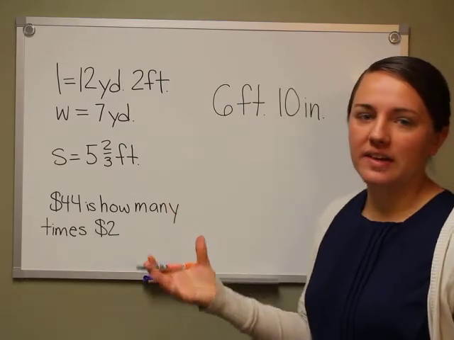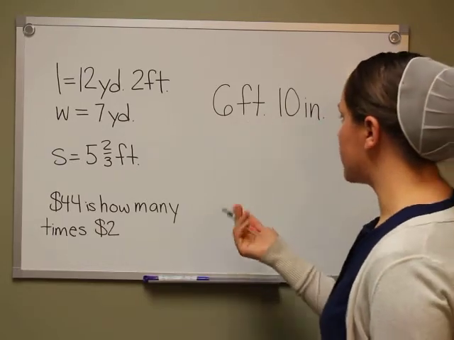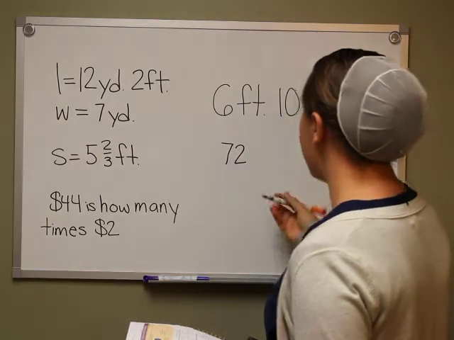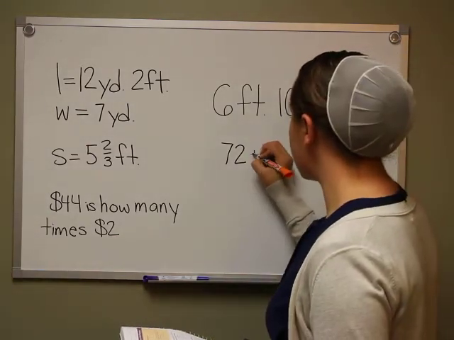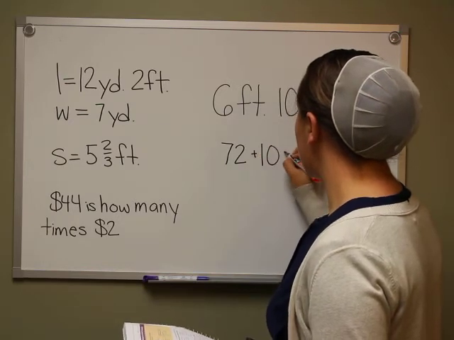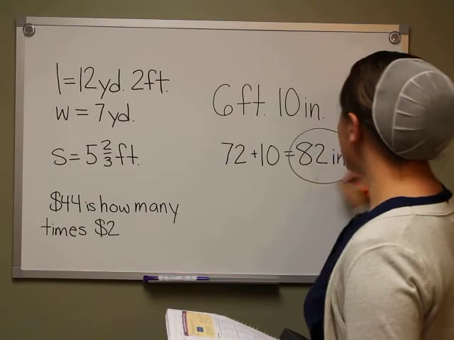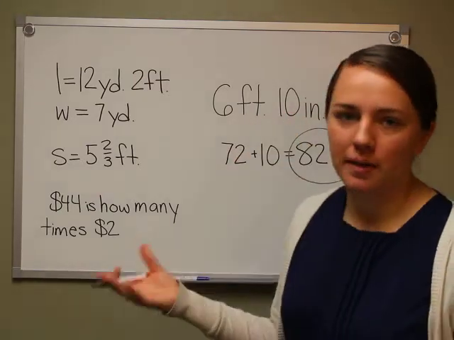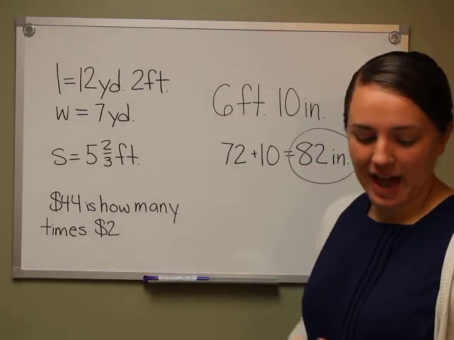Now, if we want to express his height in inches, we would have to multiply 6 feet by 12. That would give us how many inches 6 feet is, of course. So 6 times 12 is 72 inches, and then plus the 10 inches right here. So 72 plus 10 equals 82 inches. Okay? So to express his height in inches, change feet to inches by multiplying by 12, and then adding the other inches we already had.